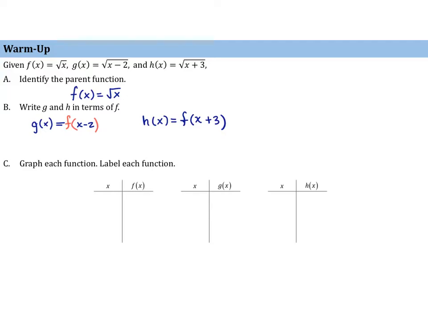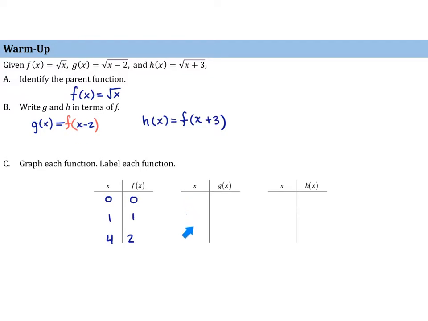So for graphing f, let's look at our key points, (0, 0), (1, 1), (4, 2). Each parent function has some key guide points that can help us graph. If I use those same values, it doesn't make much sense in g because there's a change in my input.